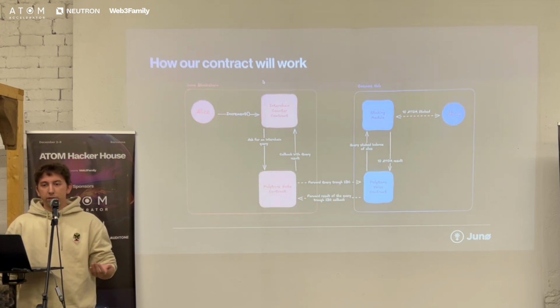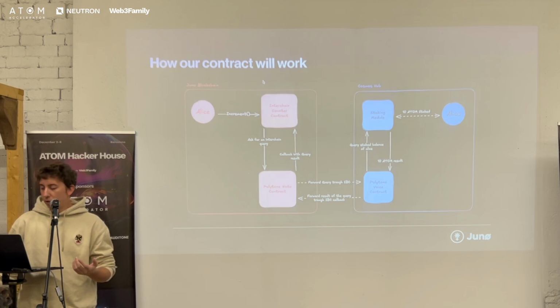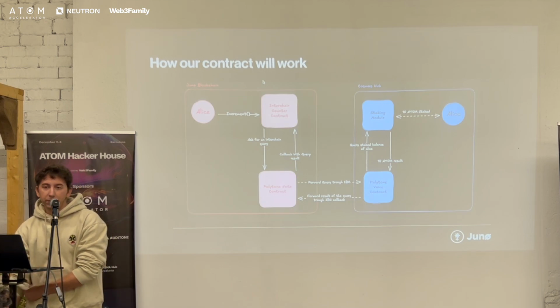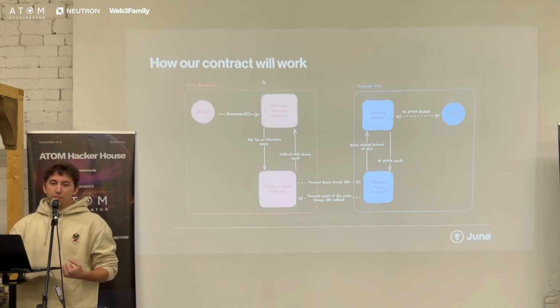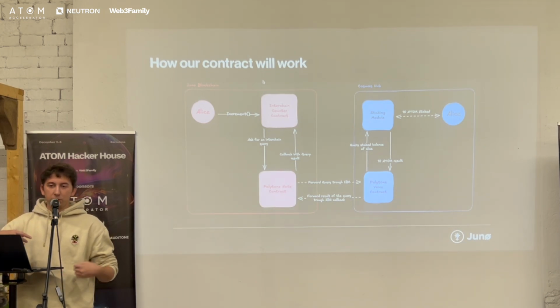CosmWasm has a block time of 6 to 7 seconds, so it takes at least another 6 seconds to send the request on CosmWasm. Then you need to wait again for the relayers to pick up the result of the query on CosmWasm and send it back to Juno, so it's another 3 seconds. So it could take like 15 to 20 seconds.